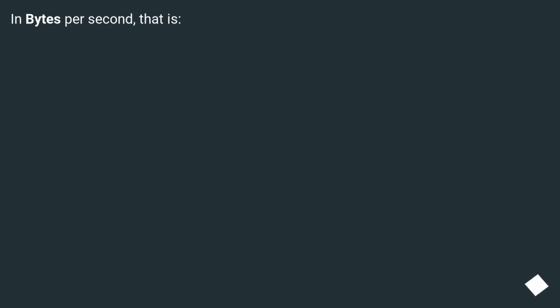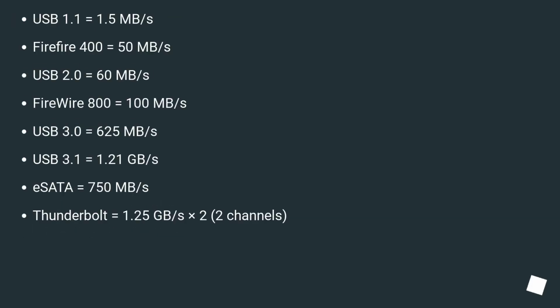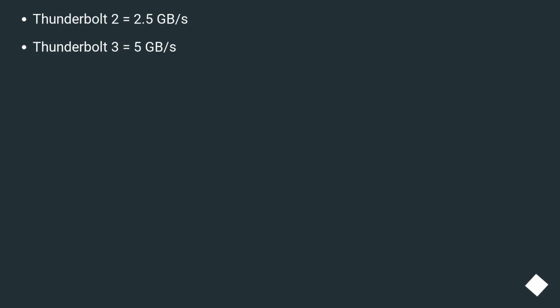In bytes per second, that is: Thunderbolt 2 equals 2.5 GB/s, Thunderbolt 3 equals 5 GB/s.